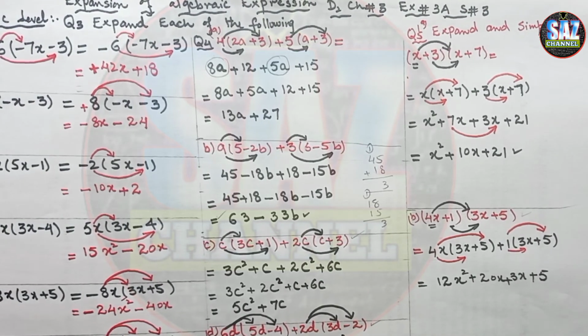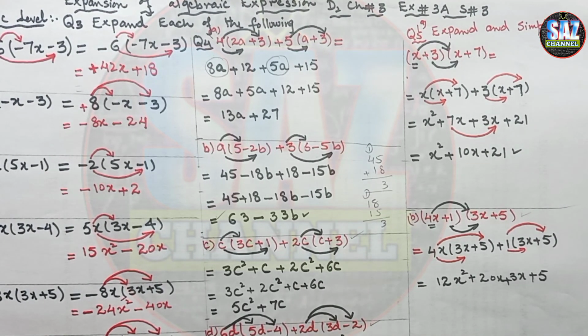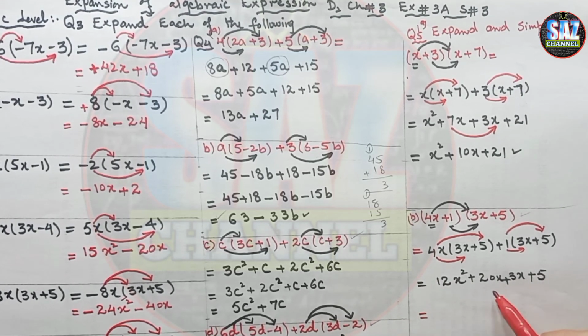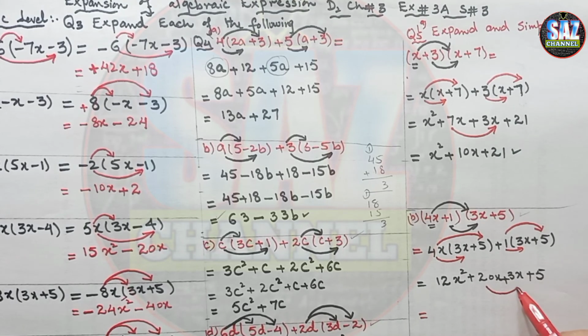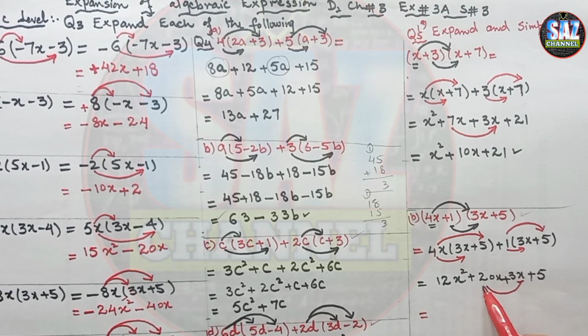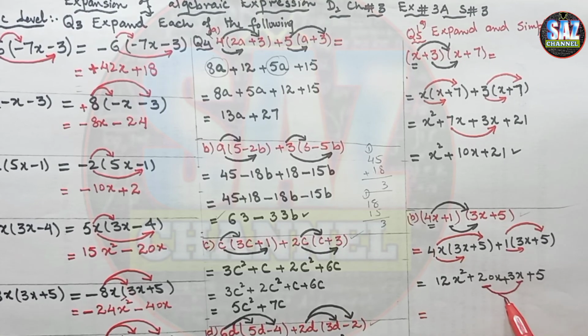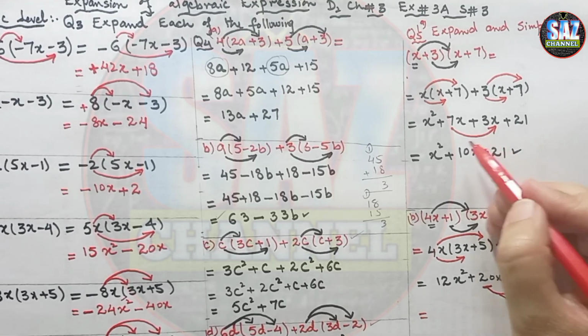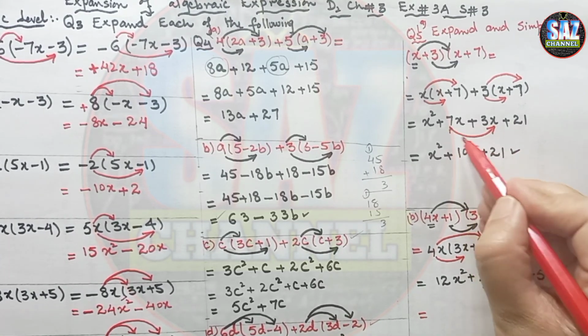Now again we can see that the question does not contain any other term having x square or constant, but in the middle we have like terms. We have to solve them carefully. Okay, these are the like terms, so please be careful in this case.